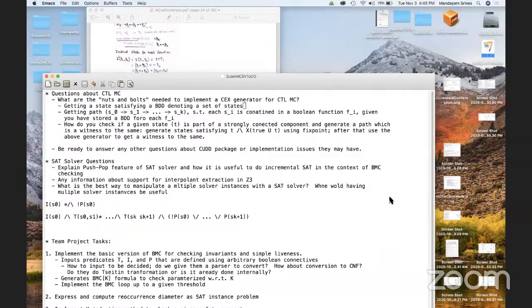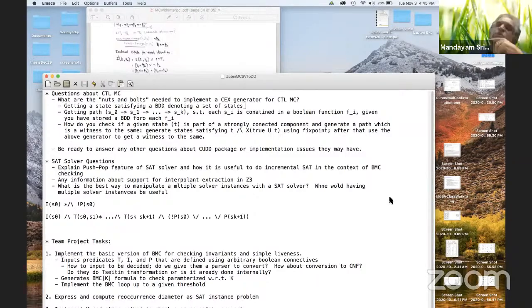Yeah. But how do you pick the shortest one among them? That is what I mean by a short witness. If you did it in the forward direction, you could still do it, but you will have to do that extra check.